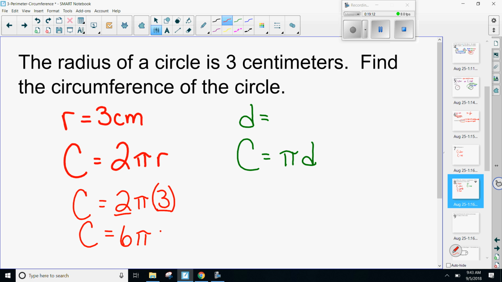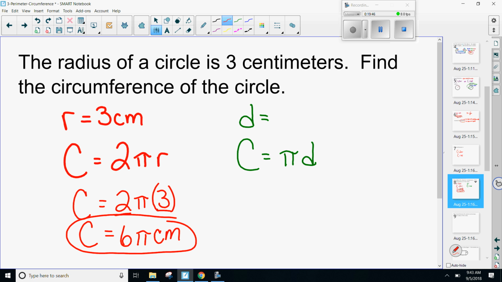I don't care if you leave your answer in this format. Some of you are like, I have no idea what 6 pi is. How long is that? That makes no sense at all to me. Can you come up with an approximation? Yeah, because pi is approximately what? 3.14, but let's just say it's 3. What's 6 times 3? 18. So it's approximately 18 centimeters long. Is it a little more or a little less than that? A little more.